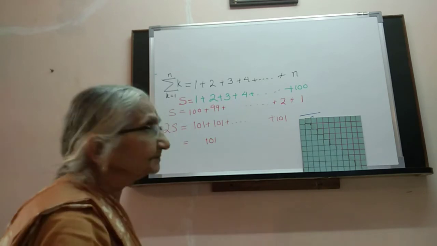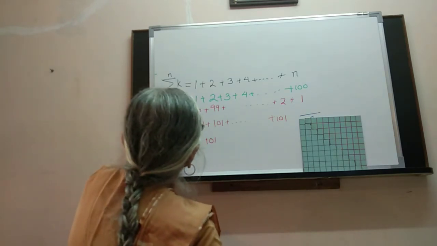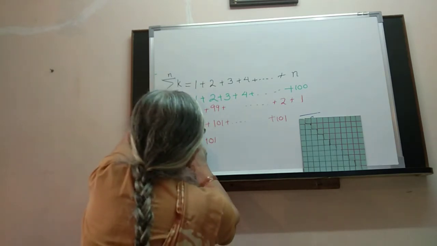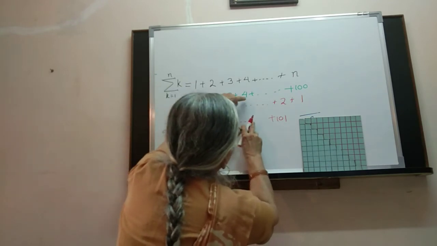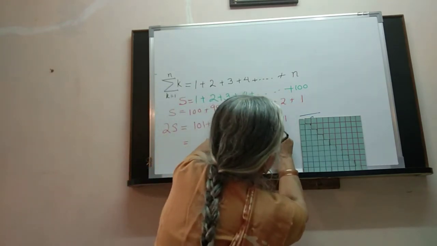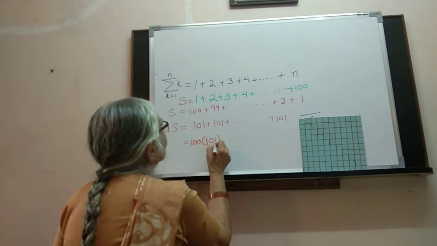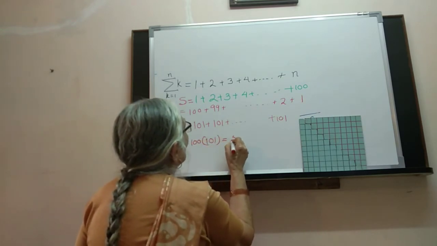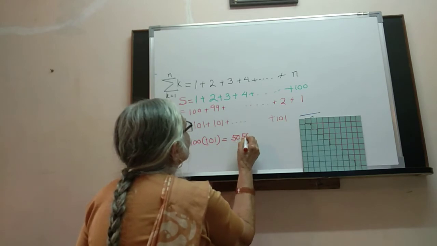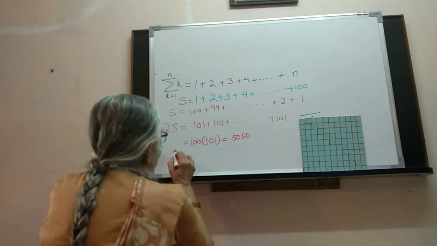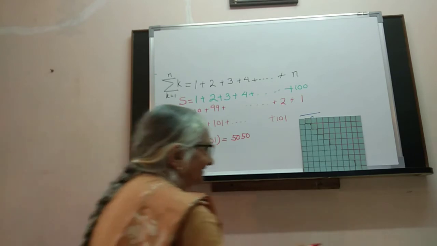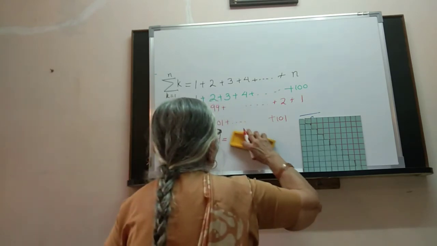How many times? See, this one, once, twice, thrice, 4 times, and 100 times. So 100 times we are going to get 101, and that will make it 5050. So the S is, I'm sorry, the answer is 5050.